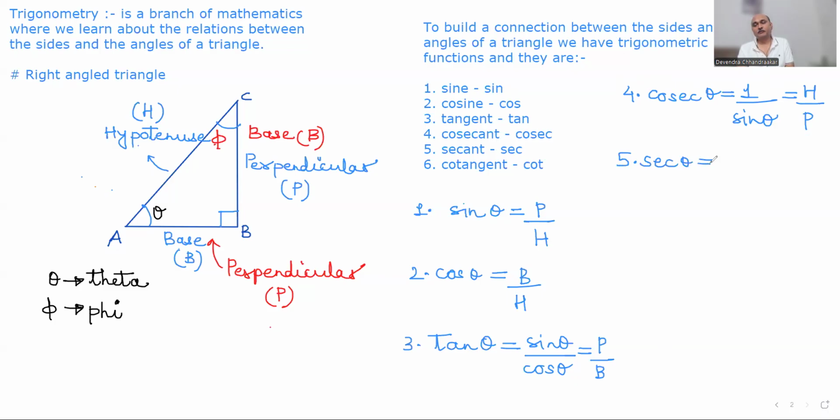Sec theta is inverse of cos theta, and this is H upon B. And the last one is cot theta, which is inverse of tan theta. This is B upon P.